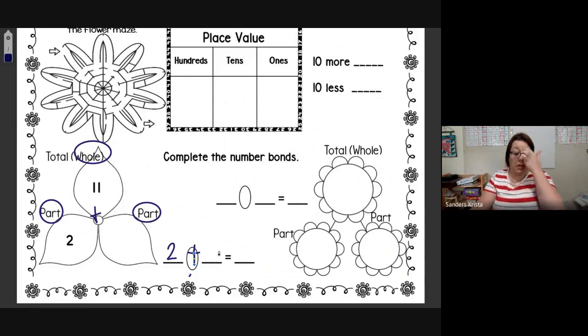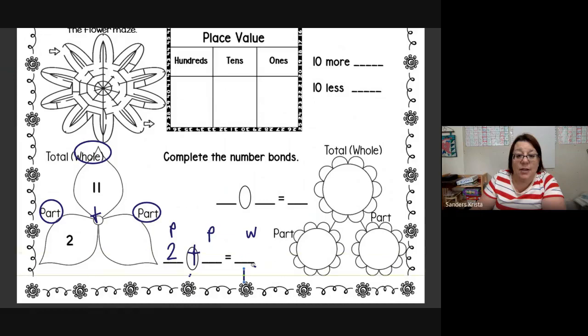2 plus the other part, which I don't know. That's my missing part, right? So a part plus a part is the whole or the total, okay? So if I have 2 and I want to get up to 11, my whole is 11.